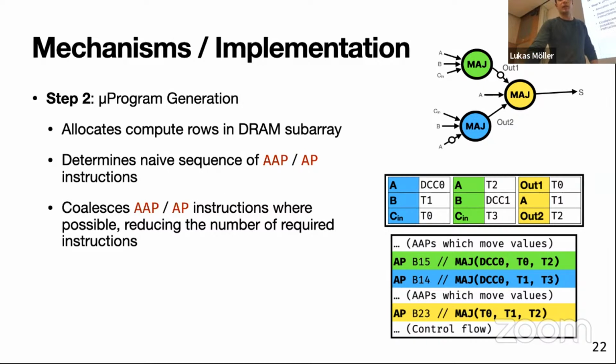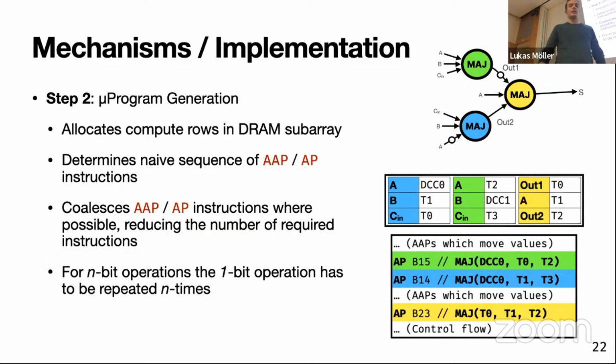And now that we have that, we can see it on the right-hand side here, our allocation. We can simply go through the majority inverter graph one more time in the same direction and simply emit AP instructions for each of them and insert AAPs where we need to move data around. And of course, for n-bit operations, we also need to add code which executes the code multiple times.